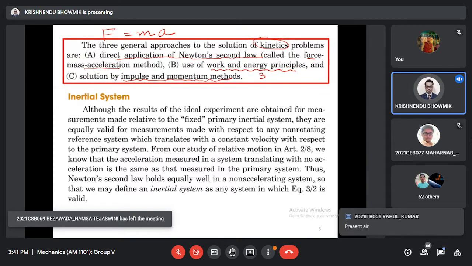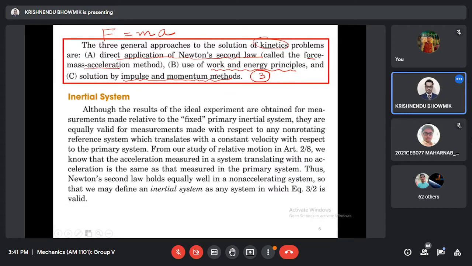Using these three general approaches, we can solve the problems of kinetics. Now, definitely, whenever you are defining some systems, there can be some inertial systems. Mass is the representative of the inertia, so there will be some inertial systems.